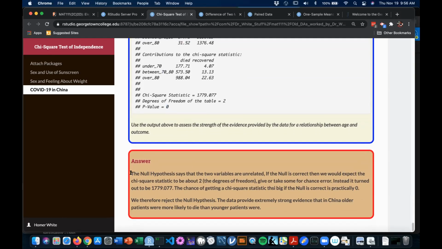And so I write a little paragraph where I summarize all that I learned from the chi-square test output and got down to the p-value being about 0, rejecting my null hypothesis of no relationship, and my simple conclusion.